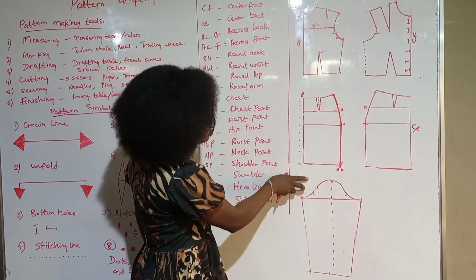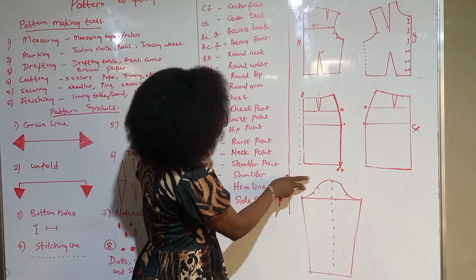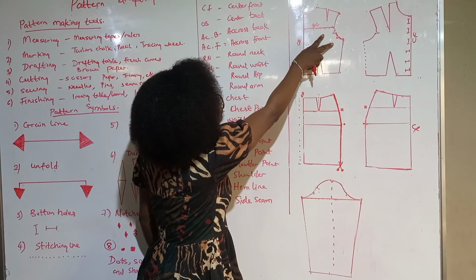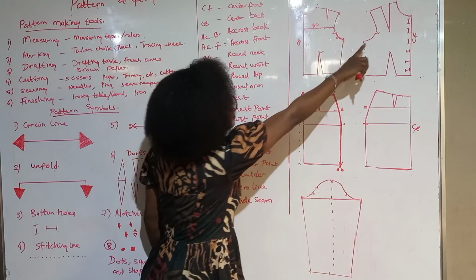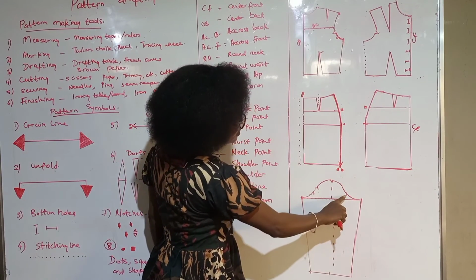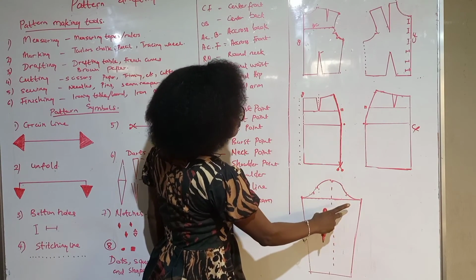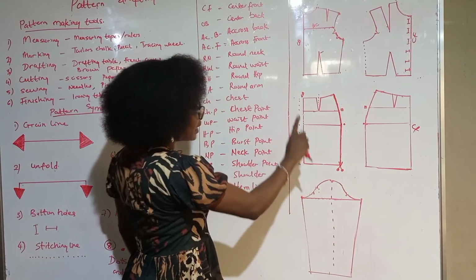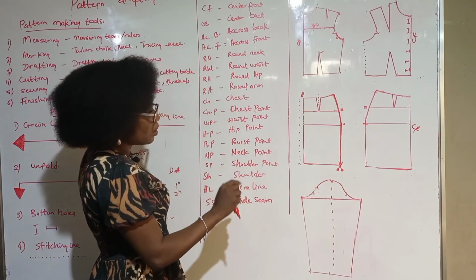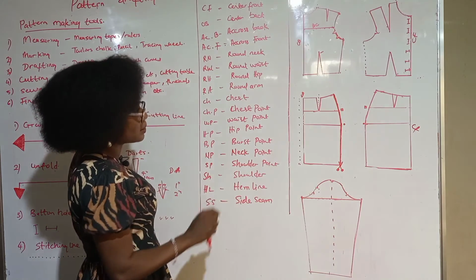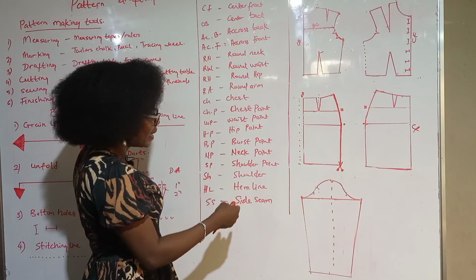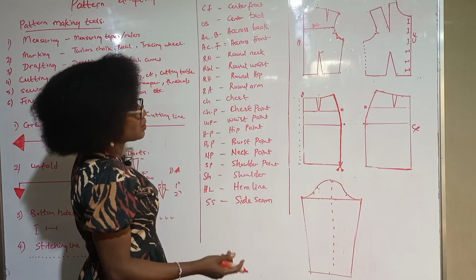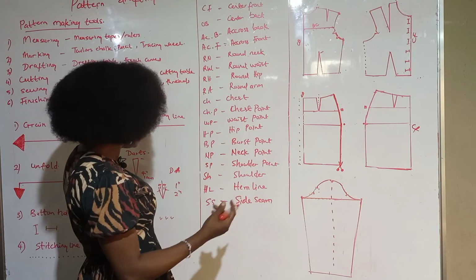You can see that there are two notches at the back of the sleeve, the two notches at the back of the body's pattern. Then a single notch at the front. It will help me to align my sleeve with my body's pattern. So those are the essence of putting notches on your patterns when you are cutting. You transfer it to the fabric too when you are sewing so that it will make it easier for you.